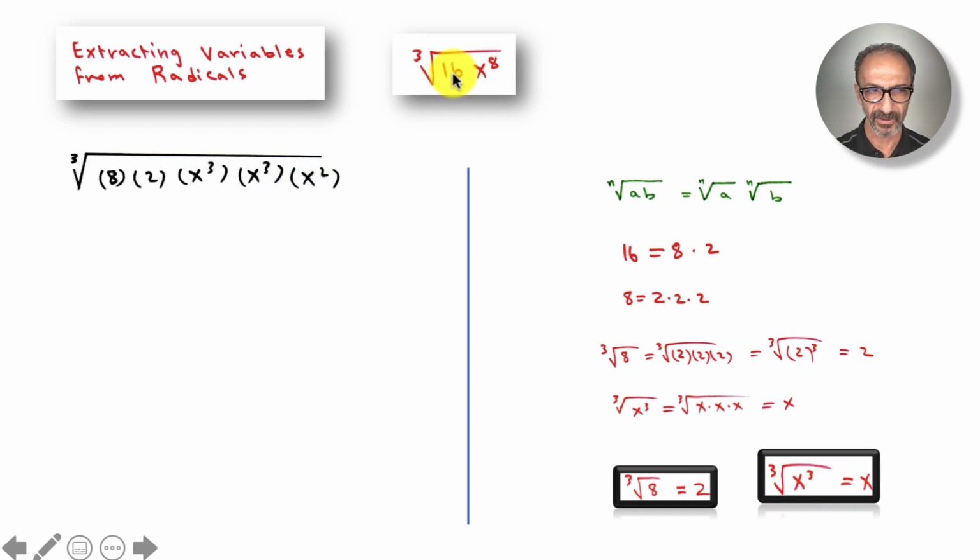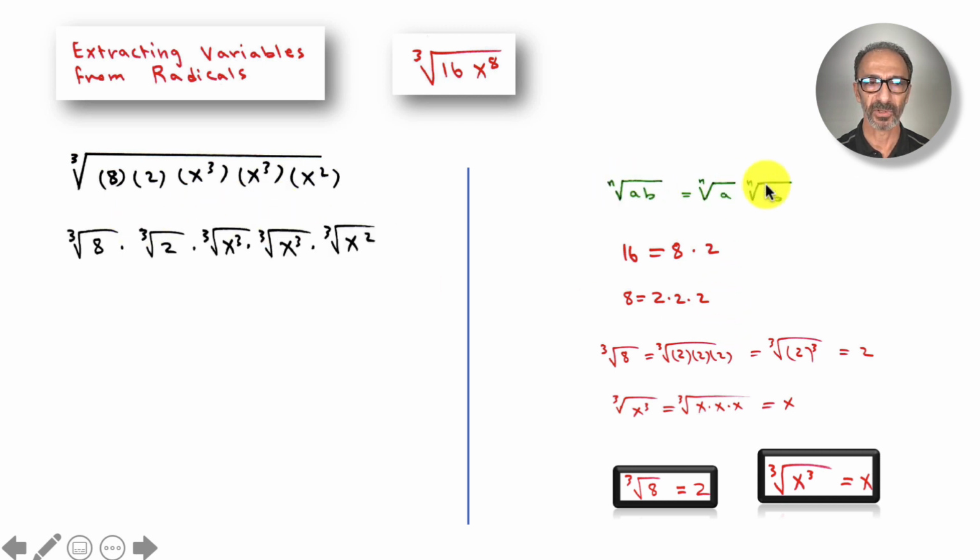So instead of writing 16 as 2 times 2 times 2 all the way, I wrote it as 8 times 2, because I know that 8 could be handled with the cubic root. Same thing for x to the 8, x to the 3rd times x to the 3rd times x to the 2nd. We add exponents. 3 and 3 is 6 and 2 is 8.